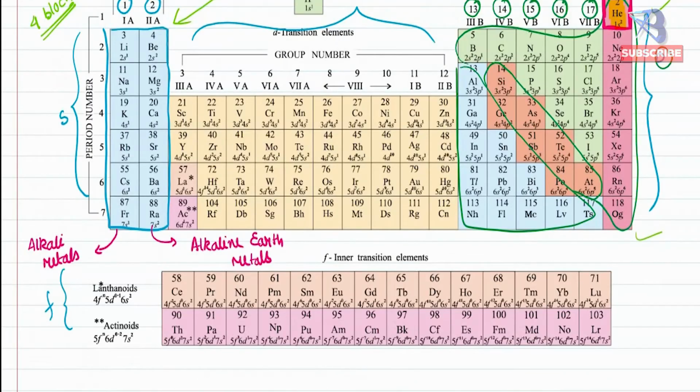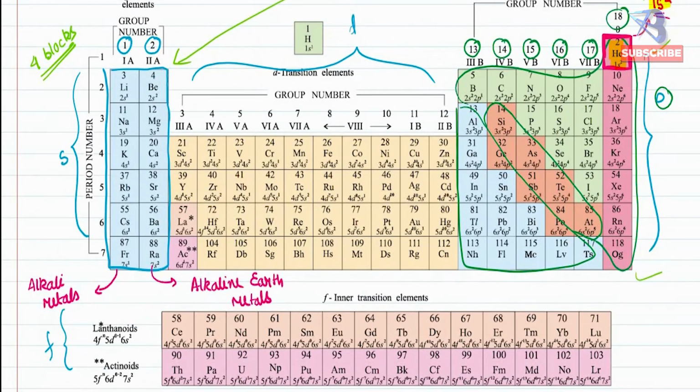So the d subshell gets filled after the s subshell of the corresponding orbit, and the electron will enter into the penultimate shell rather than the outermost shell.